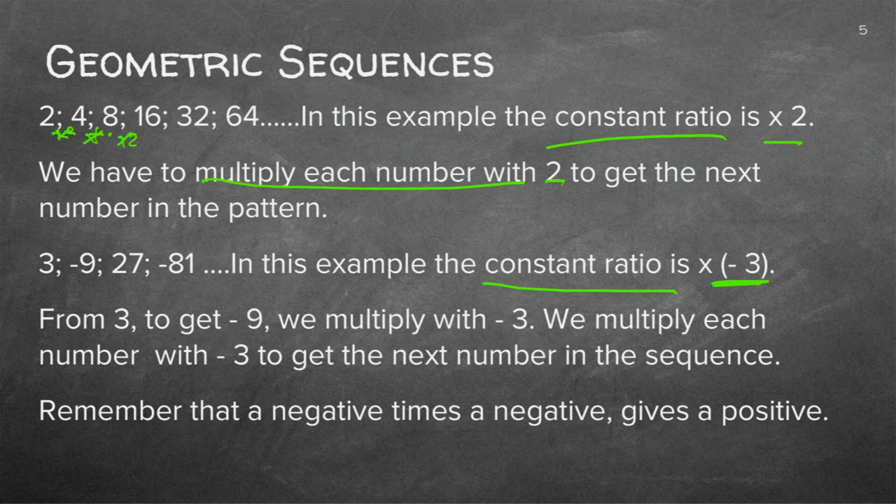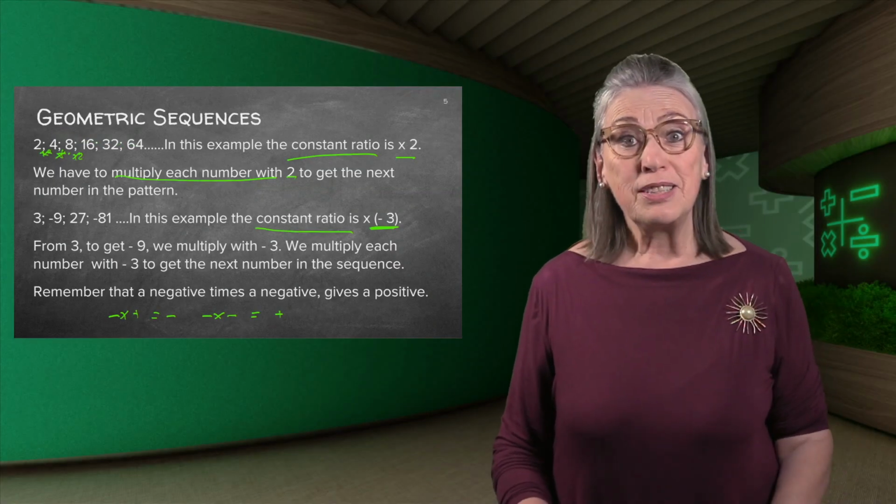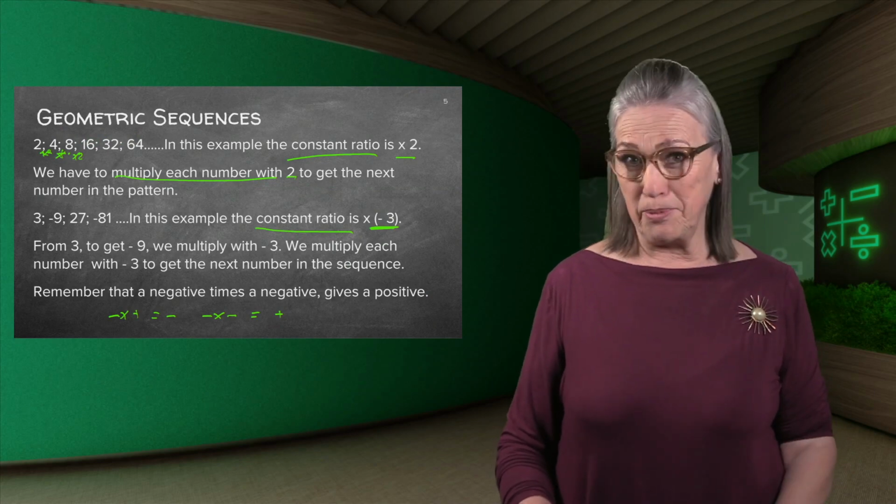And the only way that will happen is if the constant ratio is a minus number. Why? Because a minus times a plus gives us a minus, and then a minus times a minus gives us a plus. Can you still remember that? If you don't, please go back to those lessons and just refresh your memory, okay?